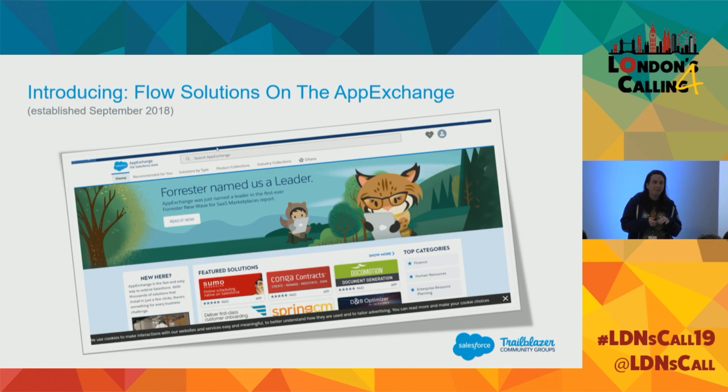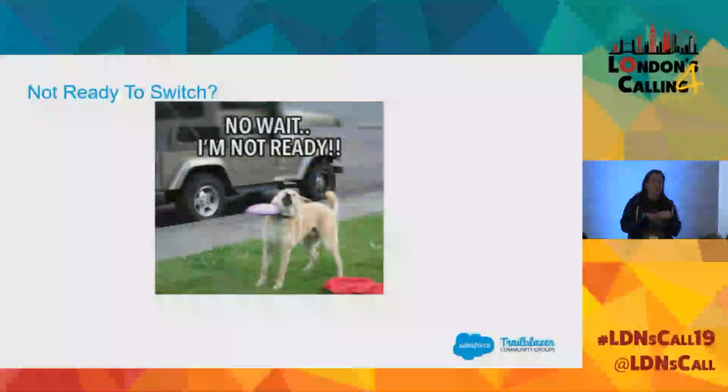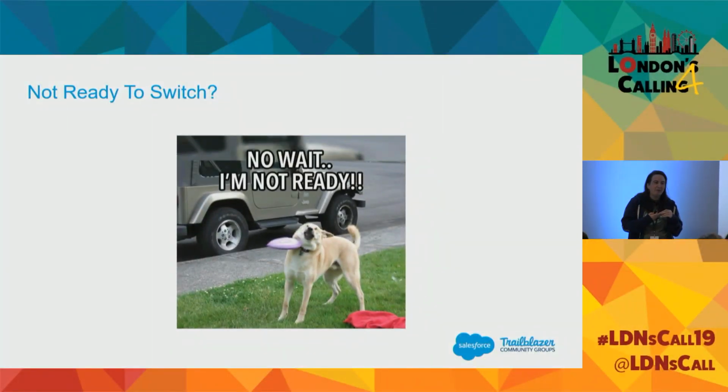And then my final comment is, I know there's a lot of people who got very attached to the old Cloud Flow Designer, and there are some people who just aren't ready to switch. And at the moment, that is okay. At the moment, you actually have the option to disable the new Flow Builder, or it's not disable it, it's turn the old one back on.